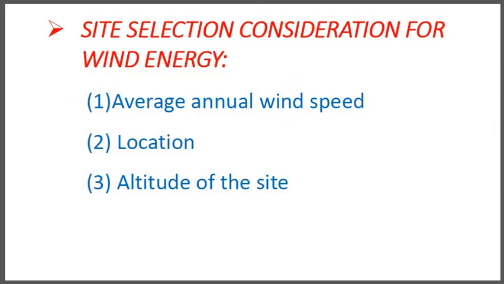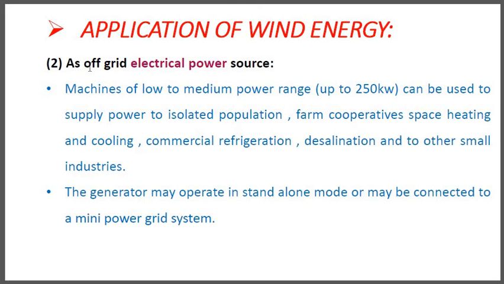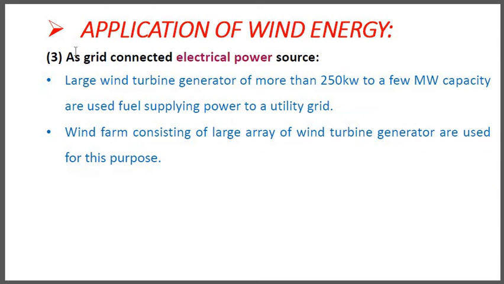In the previous application, the electrical power generated from the wind energy is not connected with the grid, that's why it is called off-grid type electrical power source. Now in grid connected electric power source, the power generated from the wind energy is connected with the grid.